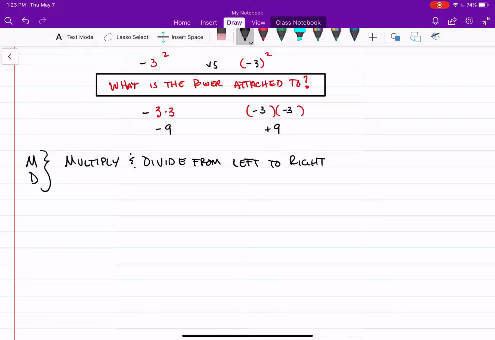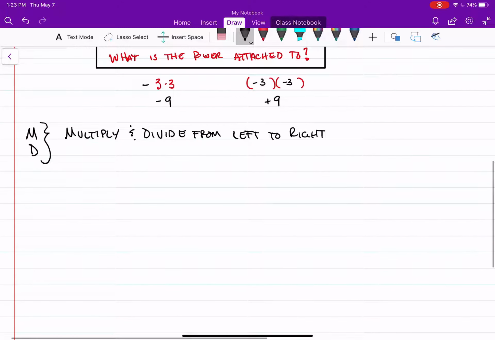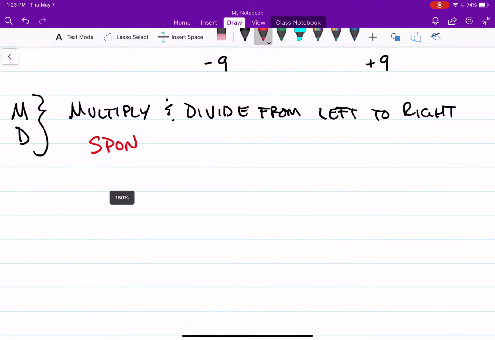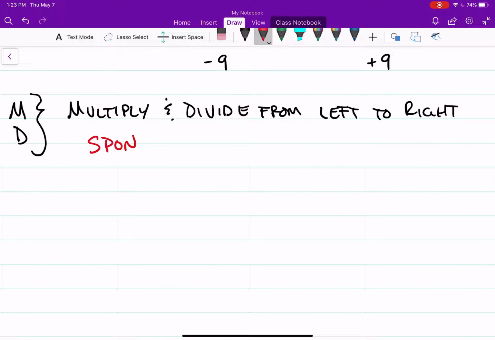So in this case, we talked about same sign positive, opposite sign negative. With multiplying, especially with fractions, it's top times top, bottom times bottom.